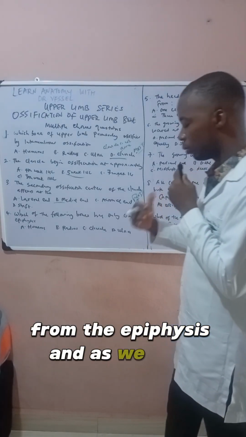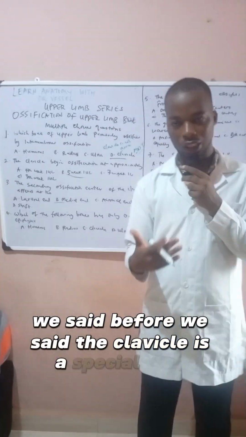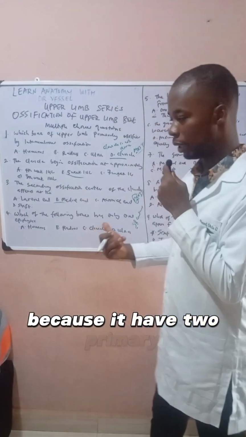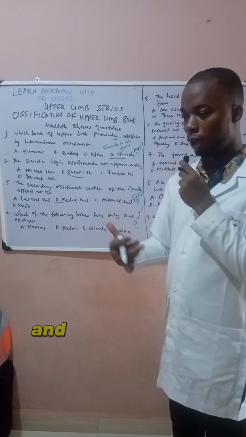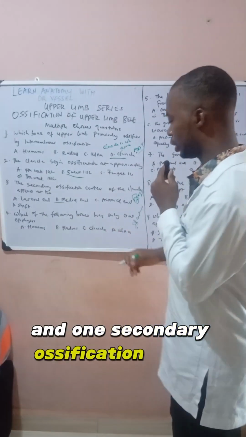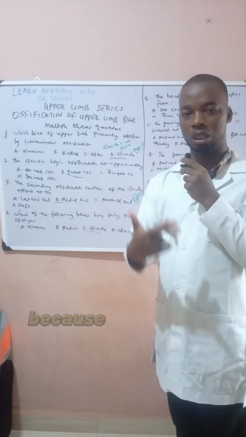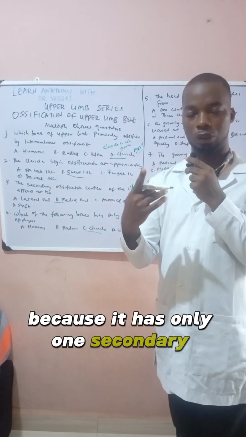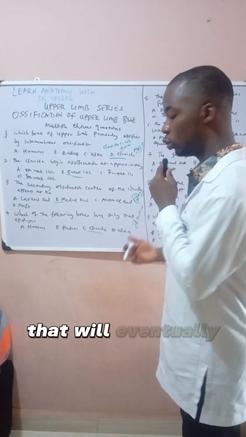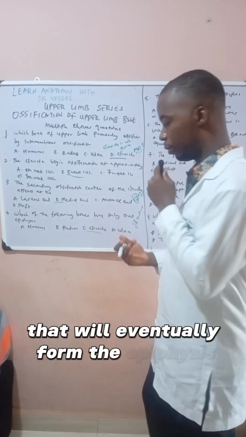And as we said before, the clavicle is a special bone because it has two primary ossification centers and one secondary ossification center. The clavicle is the only bone that has one epiphysis because it has only one secondary ossification center that will eventually form the epiphysis.